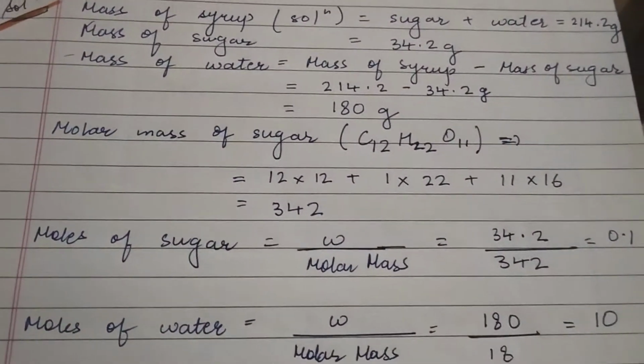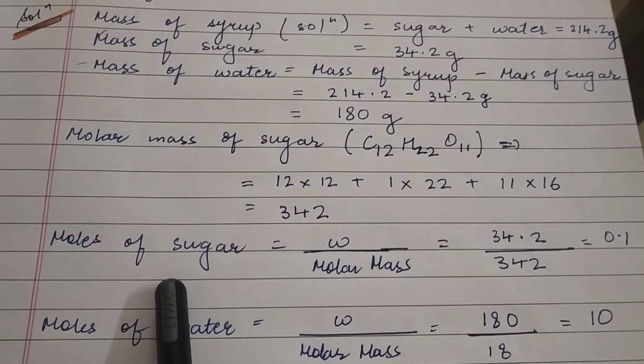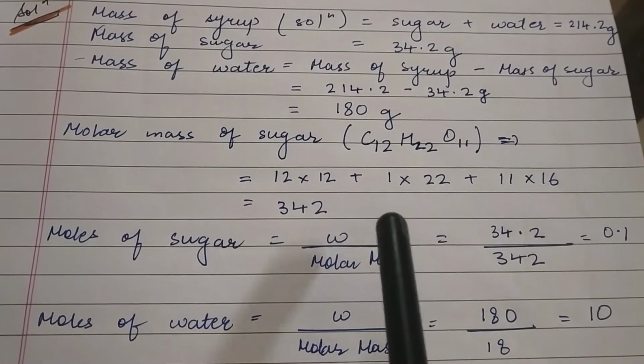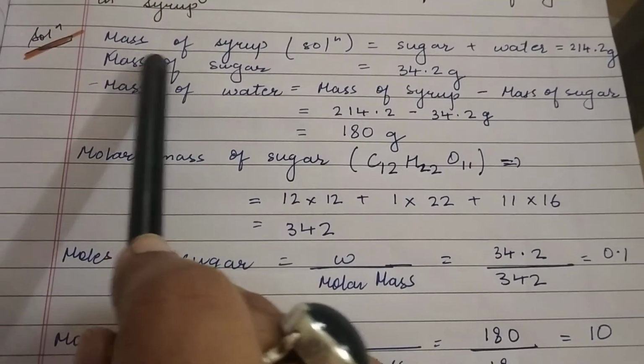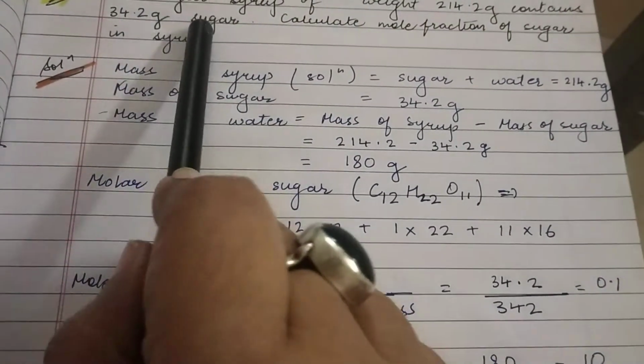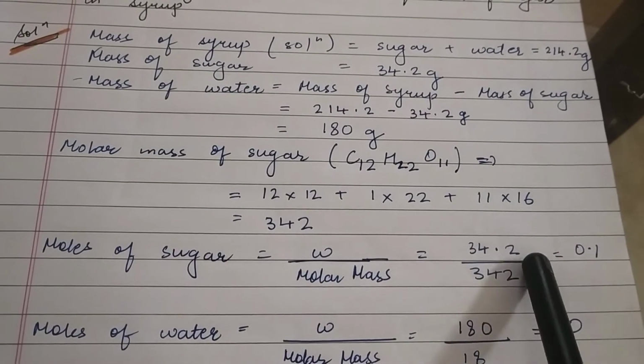Next we calculate the number of moles of sugar, using the very simple formula we have been using since the mole concept: weight upon the molar mass. The weight of the sugar was given as 34.2 in the question itself, so we substitute 34.2.